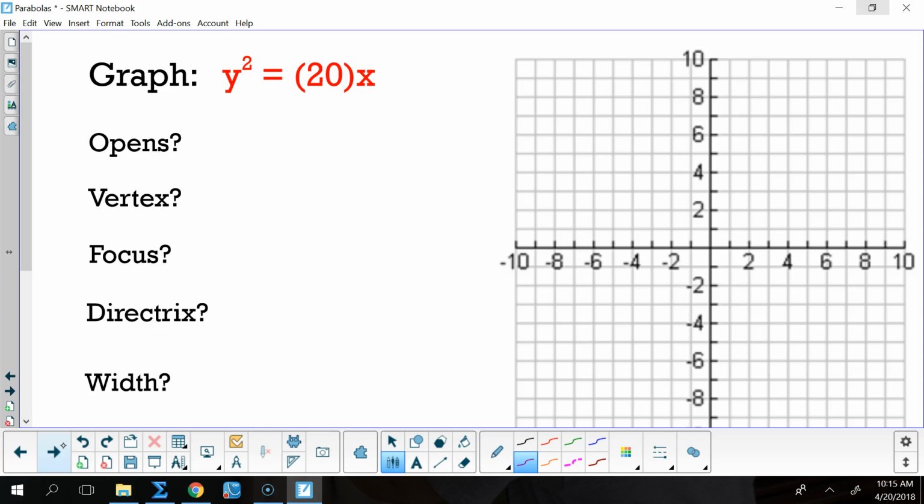My first question to you is, what direction does this parabola open? Right? Y squared and the 4p coefficient is positive, so it's going to open to the right.